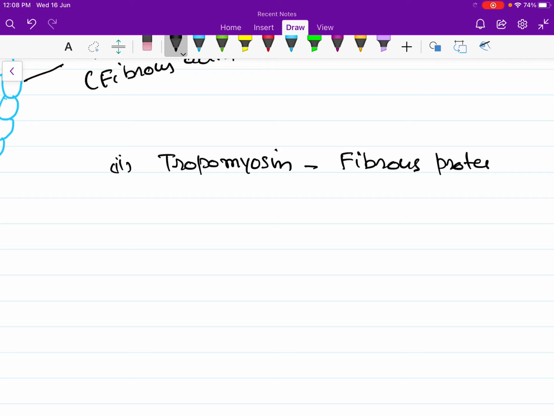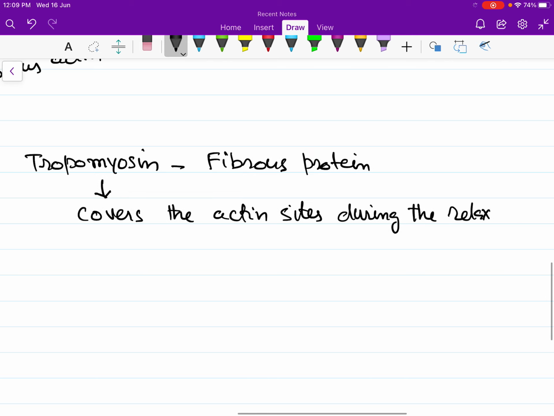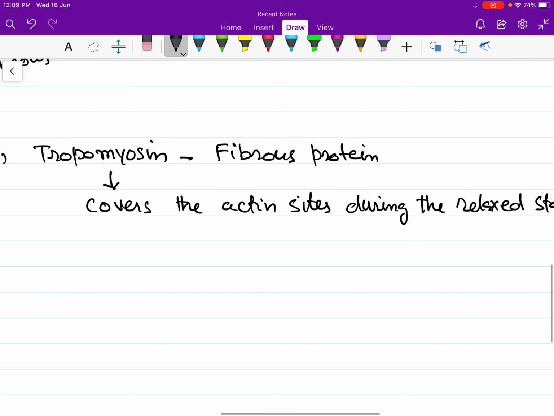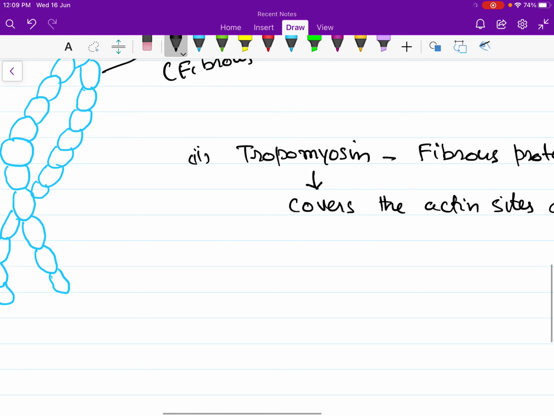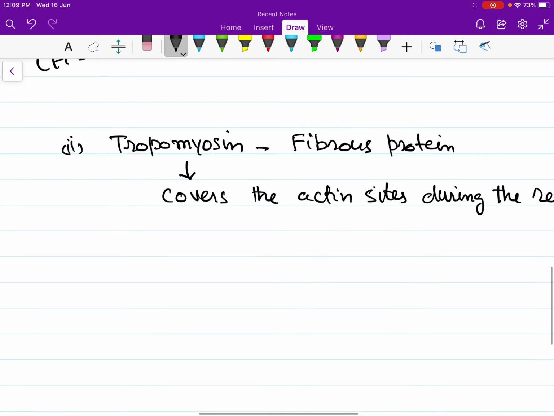So when the muscle is in the relaxed state, when the muscle is not contracting, the tropomyosin will cover the actin sites, those actin sites which will bind with the thick filaments or the myosin proteins.